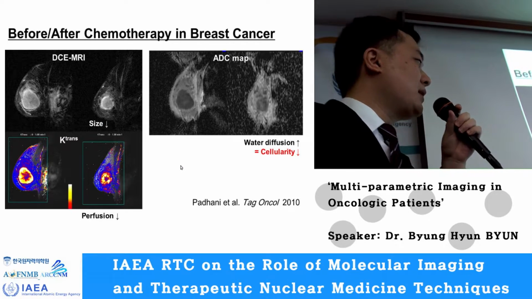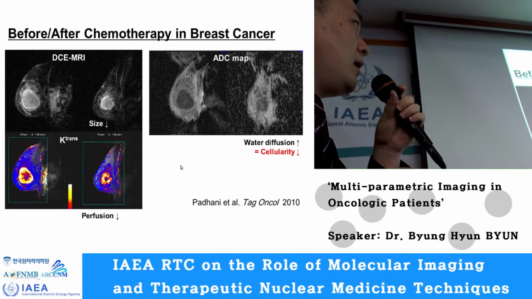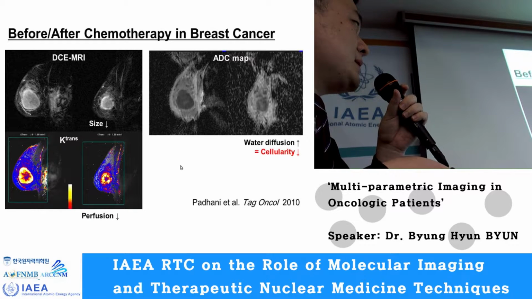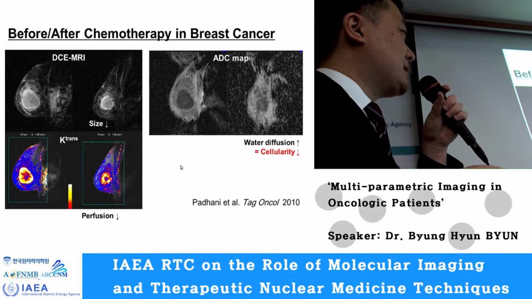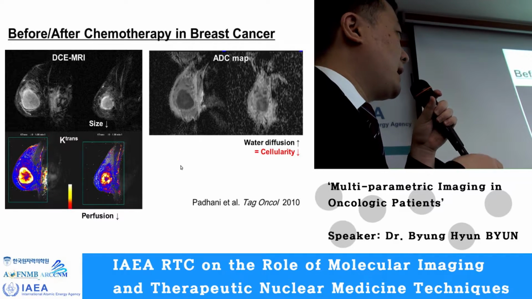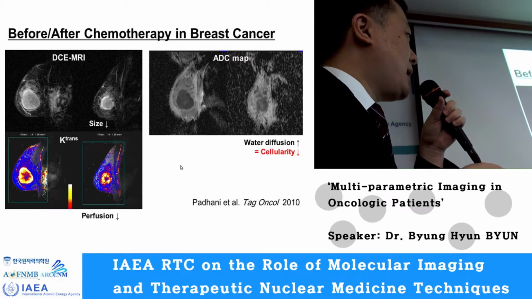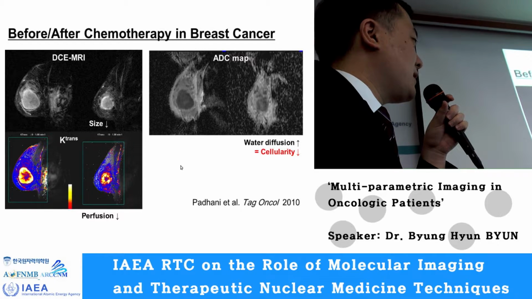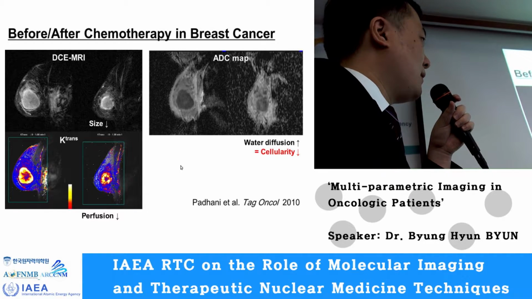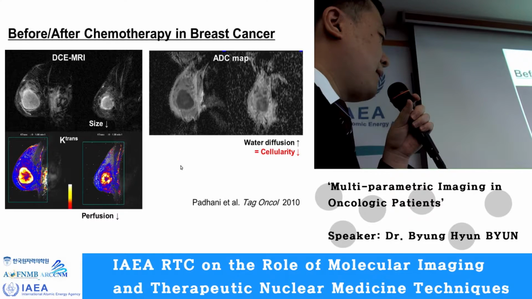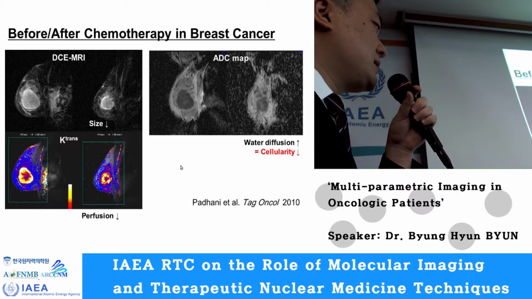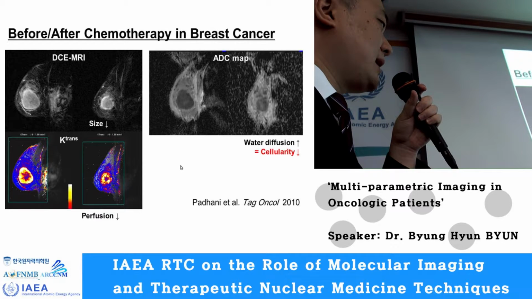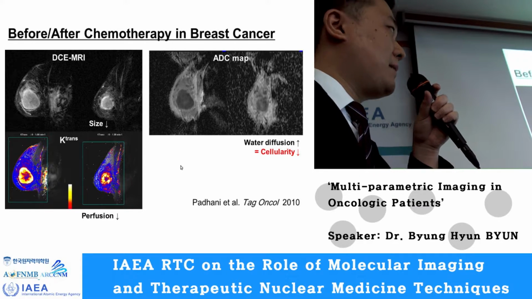I'll show you an example. These images are MRI before and after chemotherapy in breast cancer. On this MRI, you can see a decrease in size of the tumor. And on dynamic imaging, Ktrans significantly decreased after chemotherapy.